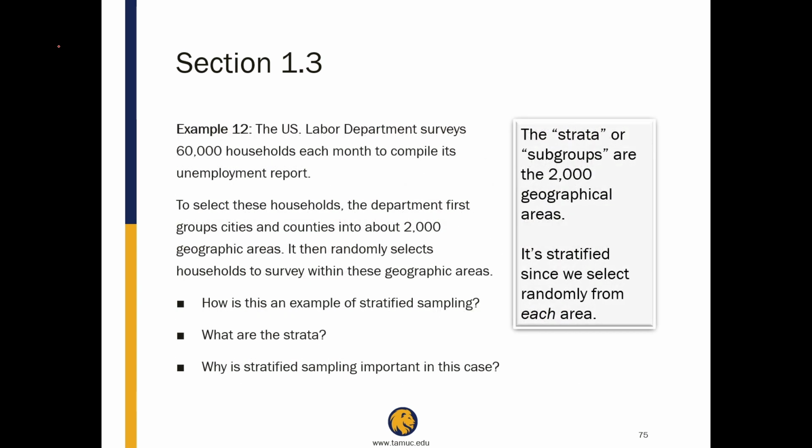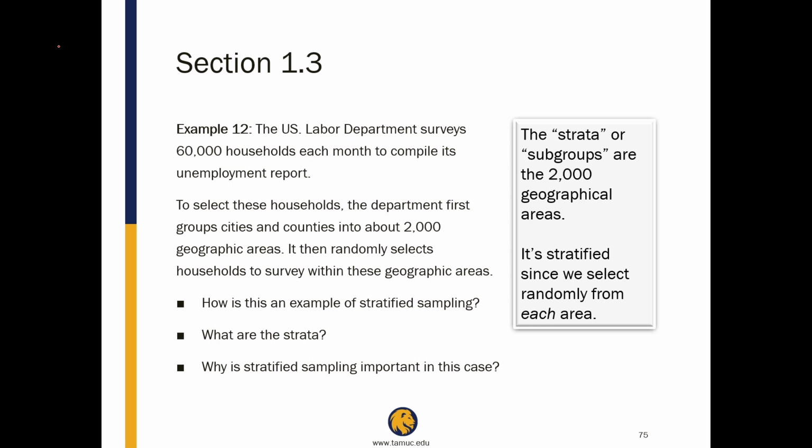Here's the reason why. They group all households. All households is their population in this case. And they're trying to survey from all the households in the U.S. So they create subgroups, which again are also referred to as strata, and these are 2,000 geographic areas. And then we randomly select from within each of the geographic areas.